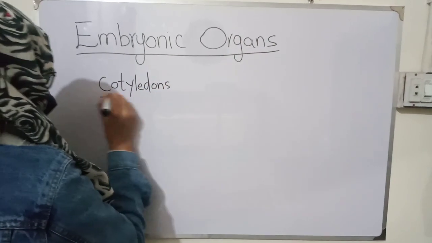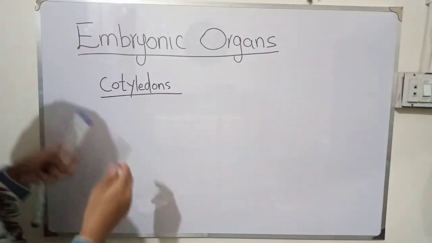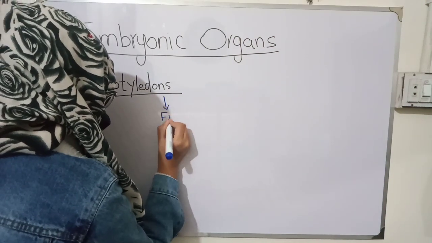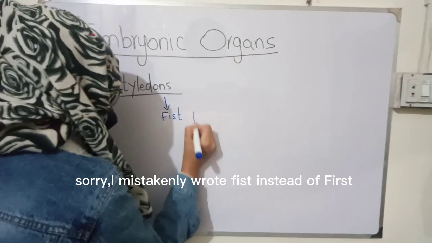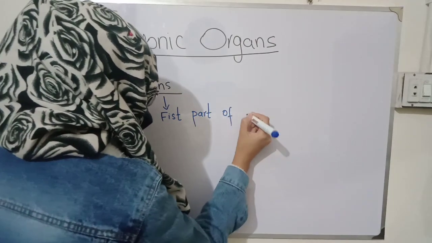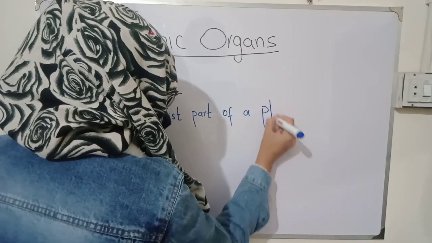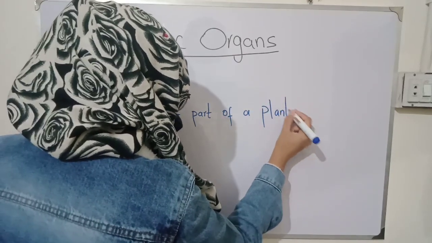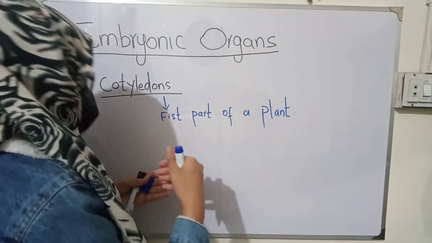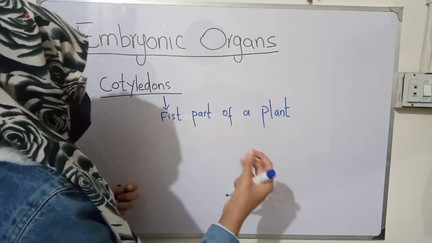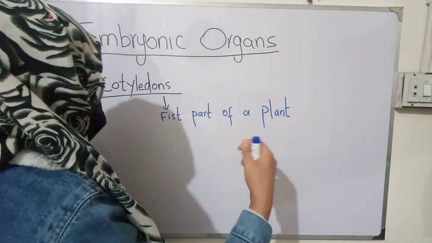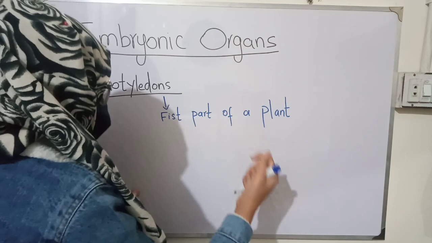What is cotyledon? It is the first part of a plant. When a seed germinates, the first part that develops from the embryo. How is the embryo formed? The embryo is formed from the zygote.